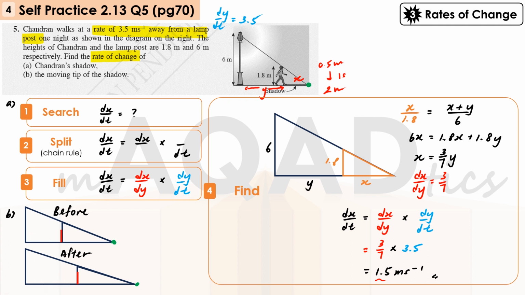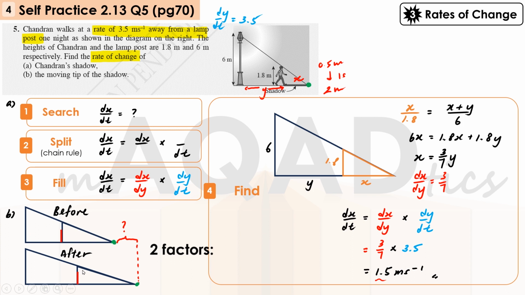The question wants us to find the change of this tip. What is the distance that the tip travels every second? Because it travels from here, then after 1 second it travels here. How many meters does this tip go to the right? We need to find the value. There are only two factors causing this tip to go to the right.